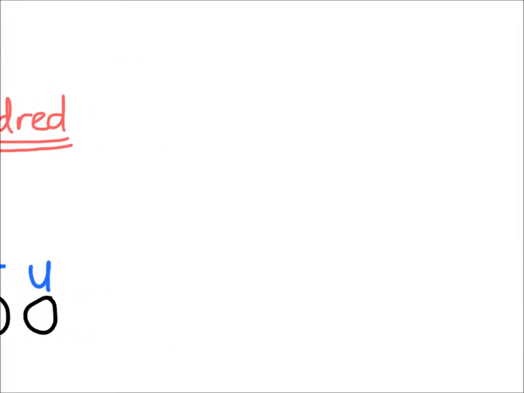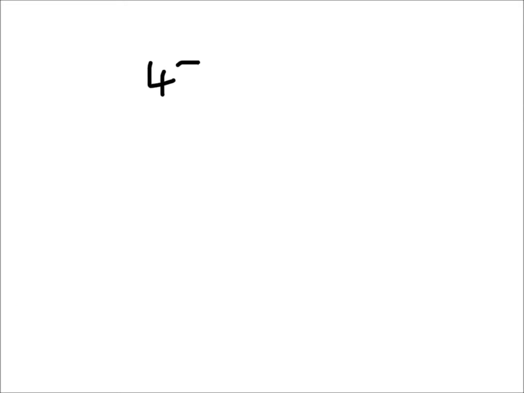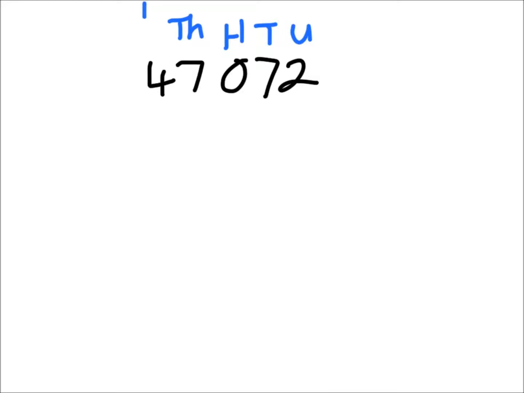Now, let's have a look at the alternative method. We'll just copy the number down, 47,072. We'll put our place value columns back up above. Great, we'll put our comma in.